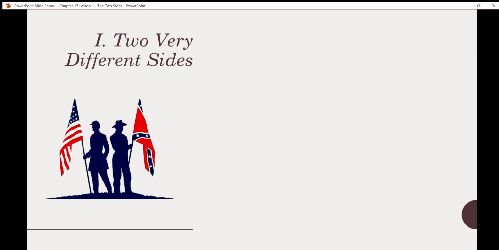So in the Civil War we have what we would refer to as two very different sides. It's not just the North and the South, and not just the idea that one side was wholeheartedly for slavery and the other totally against slavery. There was a much larger gray area in between.